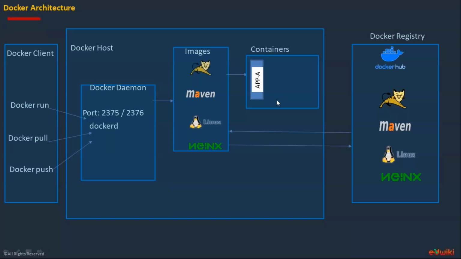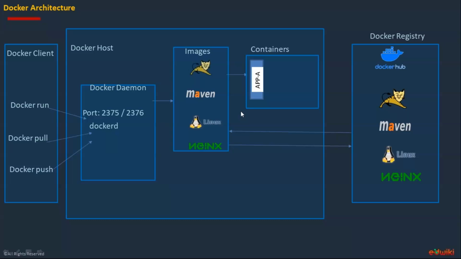That is the reason. If you try to put multiple applications in one single container, then all these applications will get into conflict. You can't manage the versions and multiple issues will come. So always we need to have only one application running in one container.